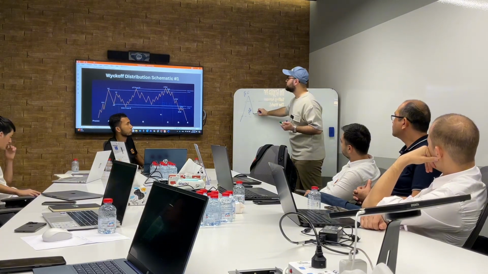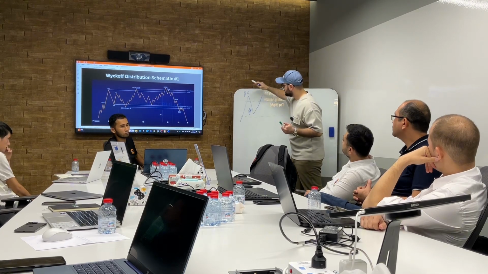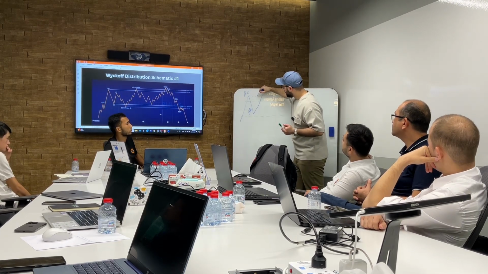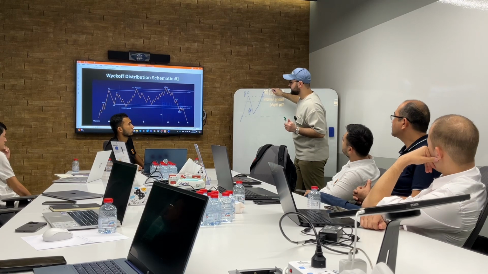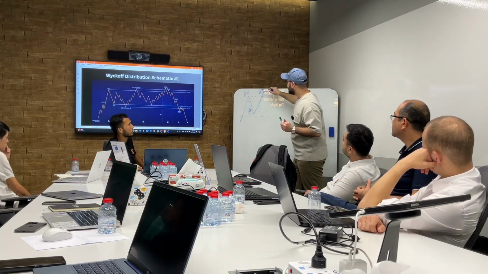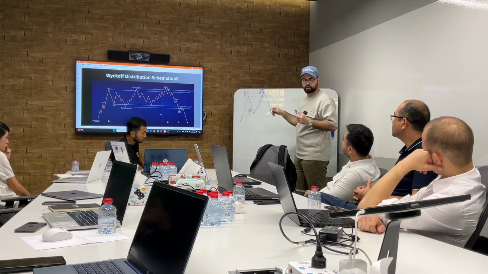Then from here, you will have your upthrust. We can go as high as this one, meaning we can stop here, or go higher than this one. This one is called upthrust. And after the upthrust, you go again inside the range.